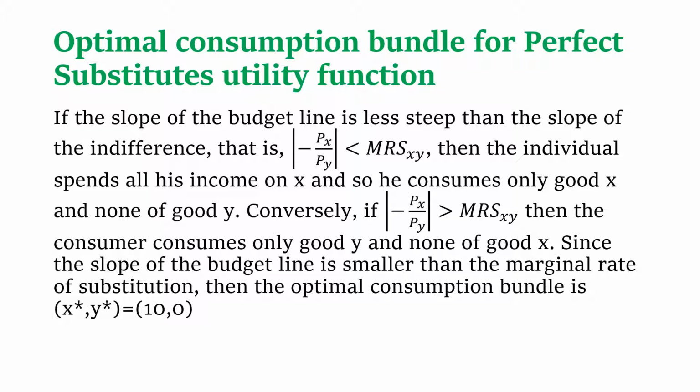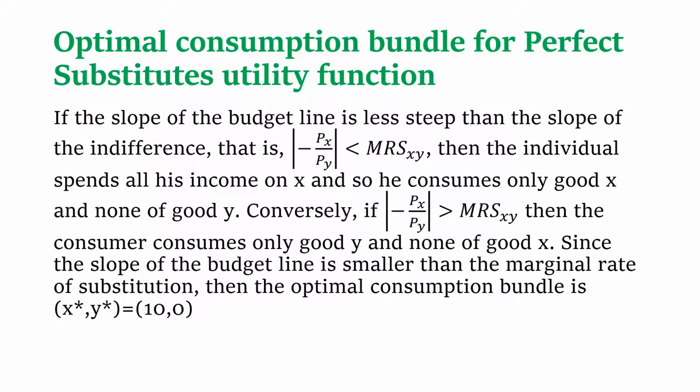Clearly, 2.5 is less than 6, because the marginal rate of substitution, MUX over MUY, is just 18 over 3, which is 6. So the budget line is less steep than the indifference curve. So what happens here is the consumer only consumes X and none of Y.